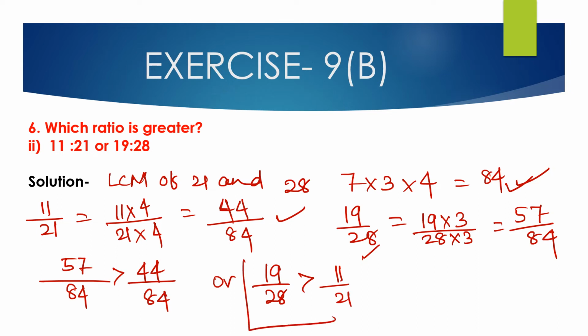So 19 divided by 28 is greater than 11 divided by 21. So between 11 is to 21 and 19 is to 28, 19 is to 28 is the greater ratio.